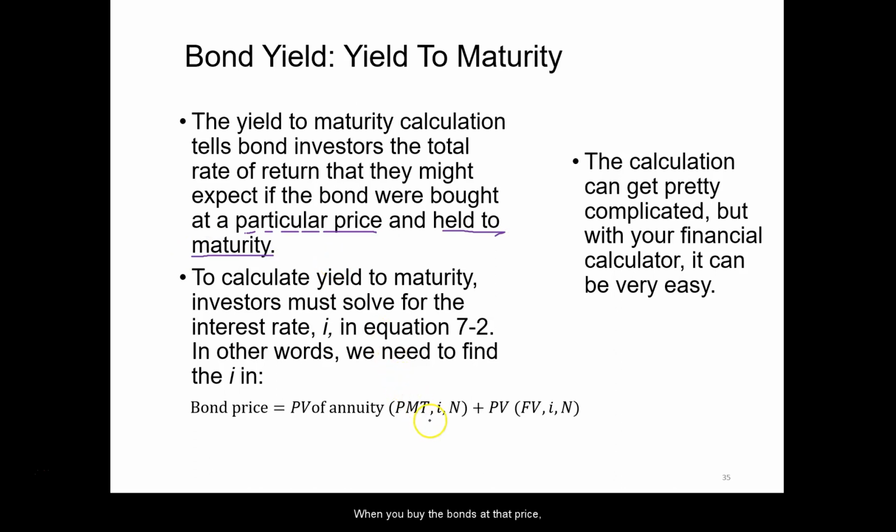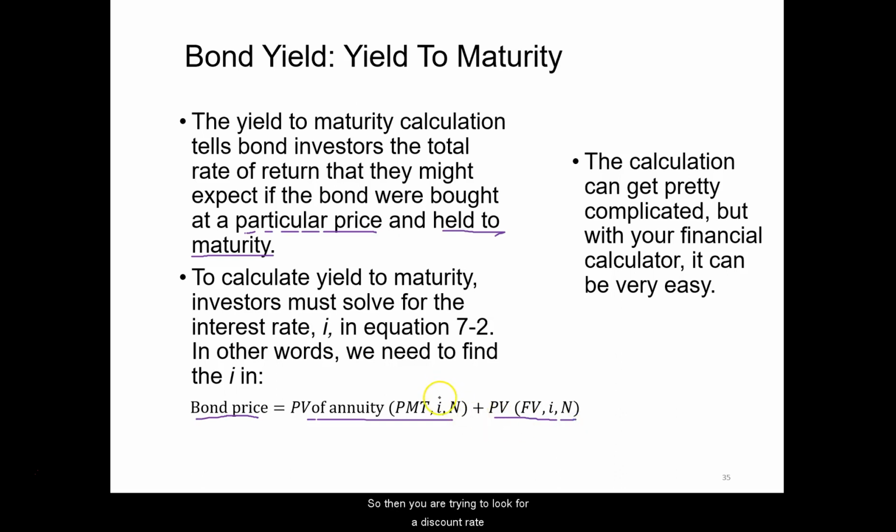When you buy the bond at that price and then hold it till maturity, you are receiving an annuity of the coupon payments and you are receiving the final lump sum payment, the par value.